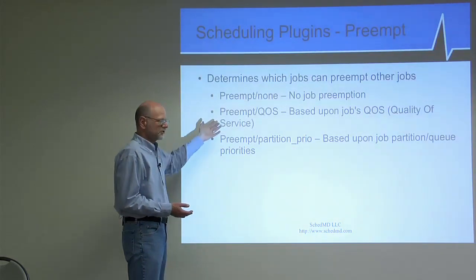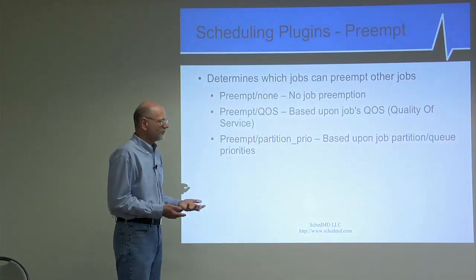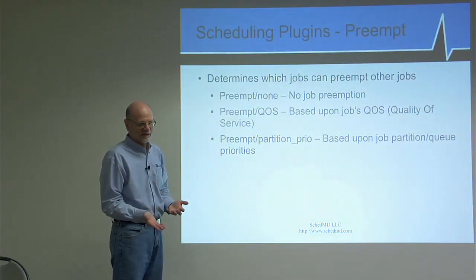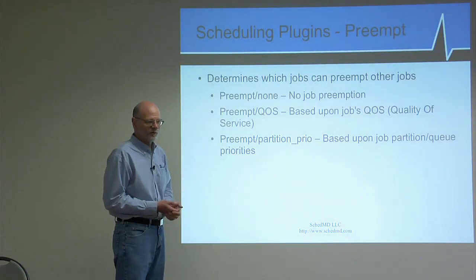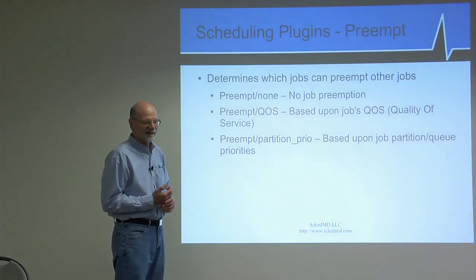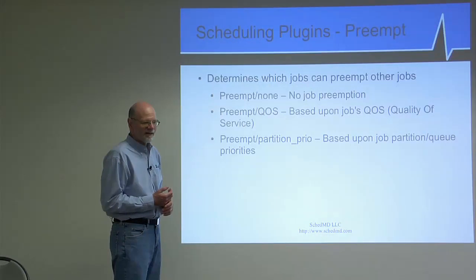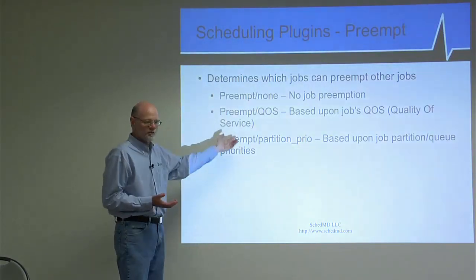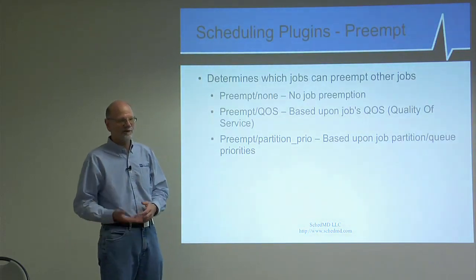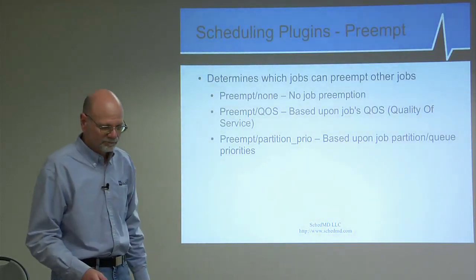When you preempt those jobs, maybe you want to requeue them or cancel them. For a higher priority job, maybe you want to only suspend it and then resume it whenever the preempting job terminates. And Slurm will take into consideration that if you're suspending it, you're not releasing the memory, so you need to still have enough memory to fit both jobs on the node at the same time.